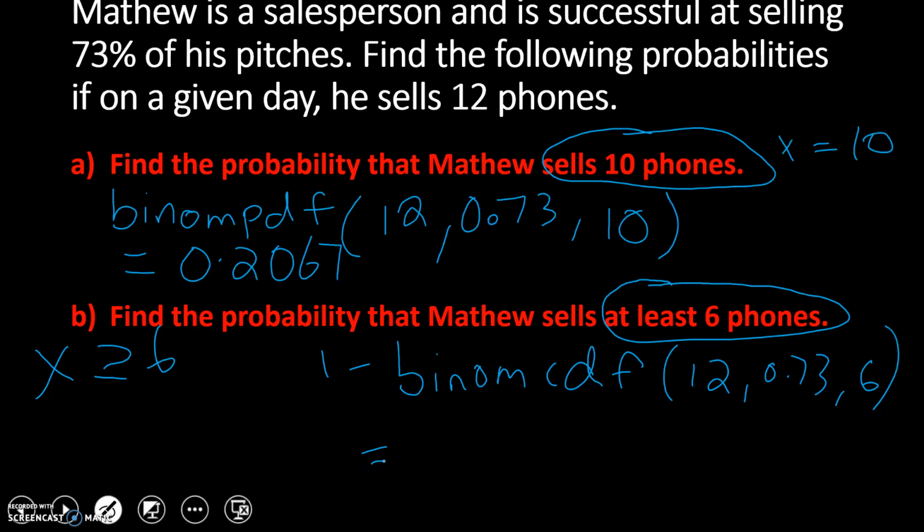On my calculator, second vars, down to B for binom CDF: trials 12, probability 0.73, X value 6. I get 0.076, and subtracting this from 1 gives 0.924. That's your answer.